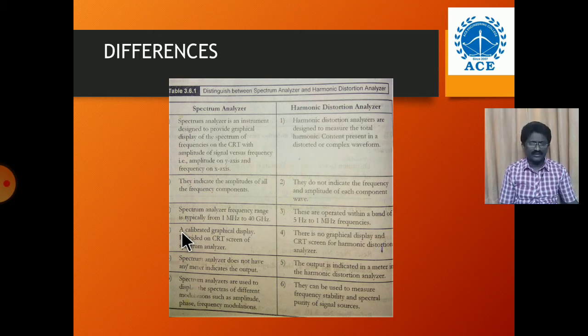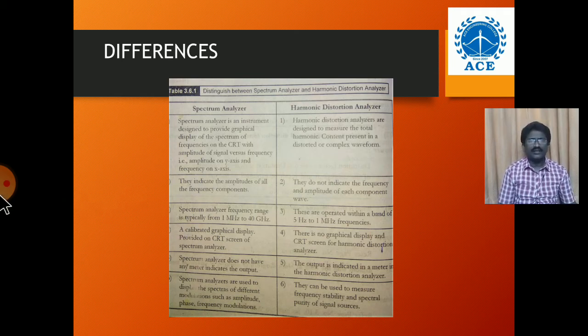So like that, here we have so many types of analyzers. Now I will differentiate one by one. Already you know the idea about the spectrum analyzer and harmonic distortion analyzer. So now I will differentiate the spectrum analyzer and harmonic distortion analyzer.